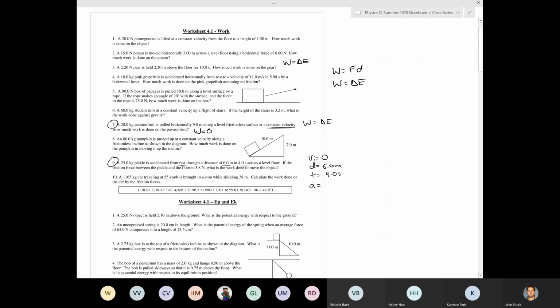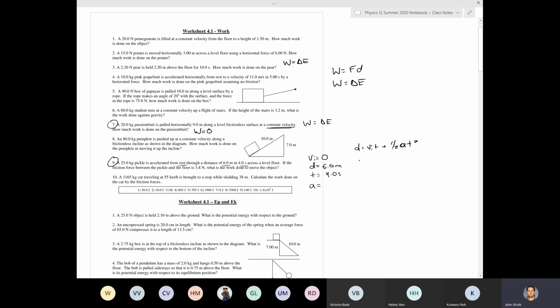Let me just read this for a sec. Okay, so with that we can find our acceleration, and so that one's going to be d equals VIT plus 1/2 AT squared. It's been a while since I've done kinematics. I think that's what it is.